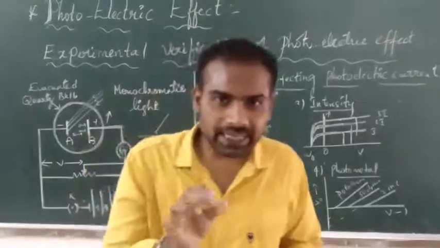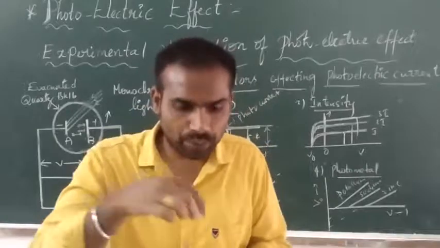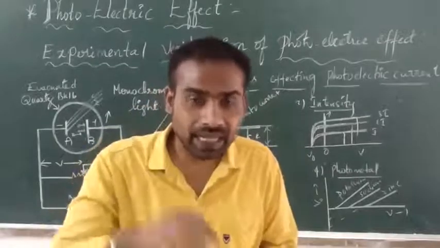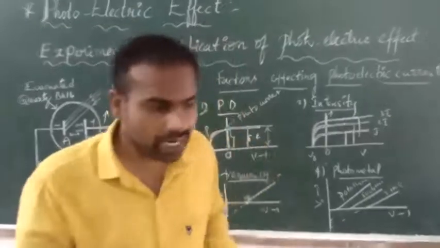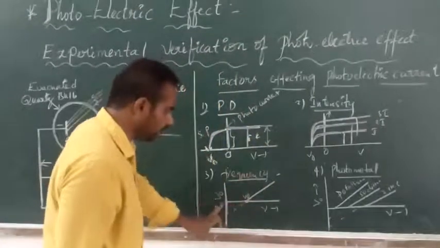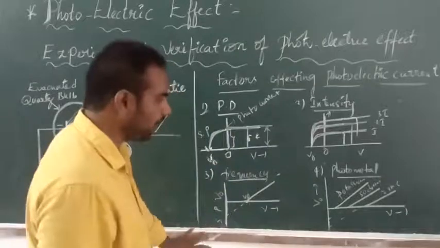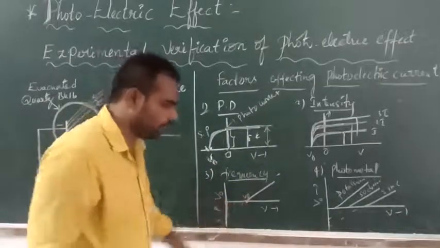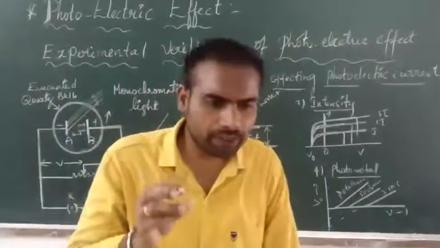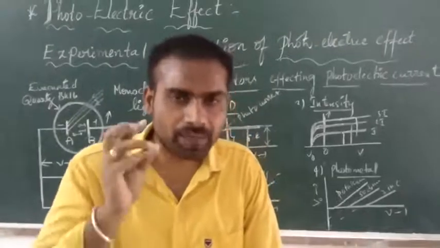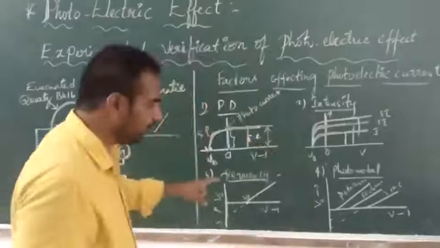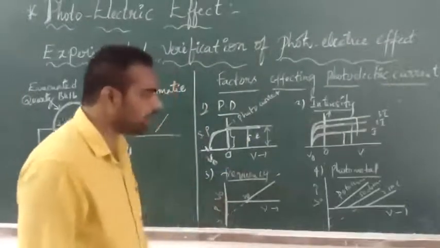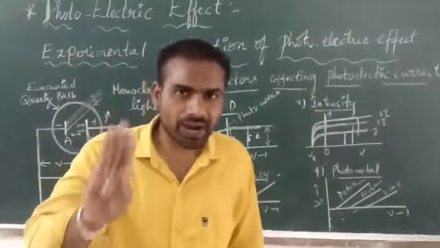There should be some minimum frequency to eject an electron, and that minimum frequency is the threshold frequency. At this threshold frequency, the stopping potential is 0. So as the frequency increases, the stopping potential increases. This is the third factor.